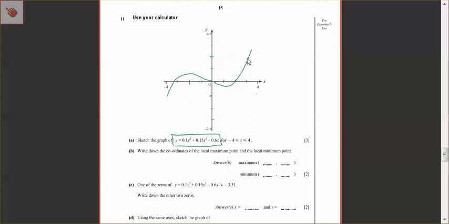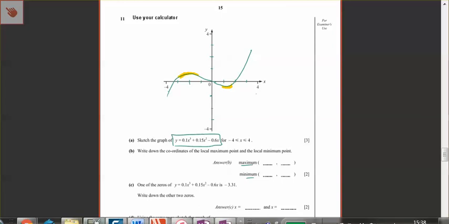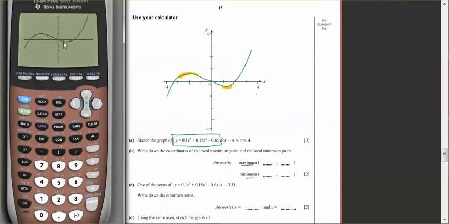Now the bit that we spent a lot of time on, what's the maximum, what's the minimum? Do you know on the graph where it is? We've just got to find them. You know how to do it on the calculator. Second, calc, maximum.